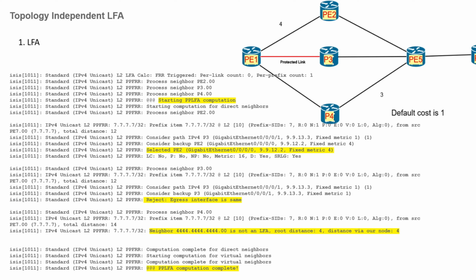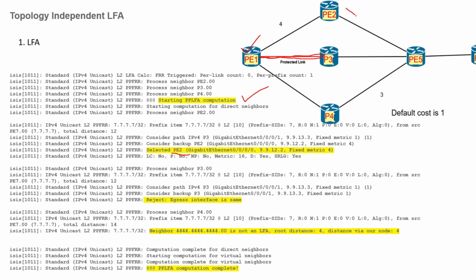So let's see, we have configured Ti-LFA for this particular interface and we are protecting that. This debug is running on PE1. First it will start with the per prefix loop free alternate, and in this case it has selected PE2 as a backup path. So let's calculate again how it is.